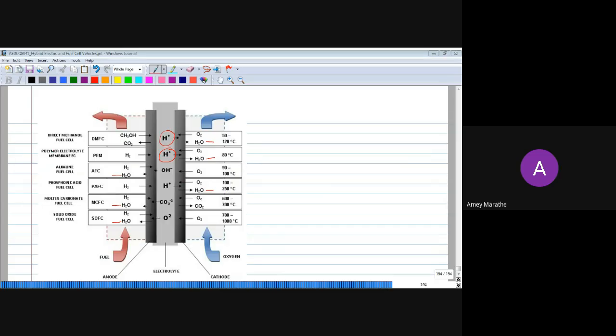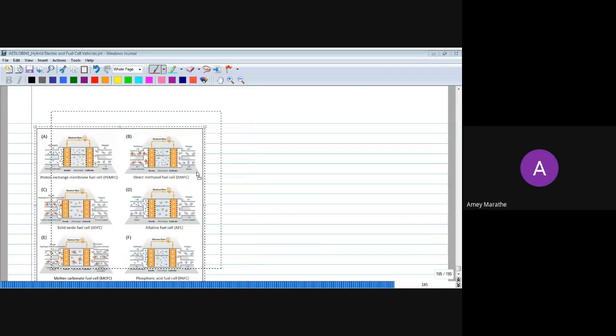Now you know that we can use one, we can use two, and we can use three in EV applications. So I'm sure this picture will give you a very good sense of understanding about the fuel cell technology.